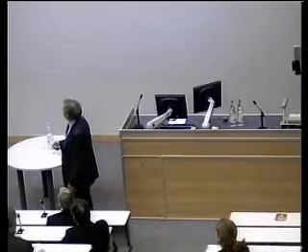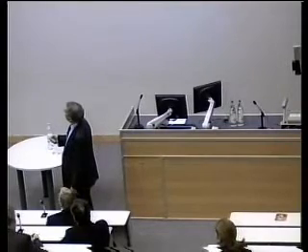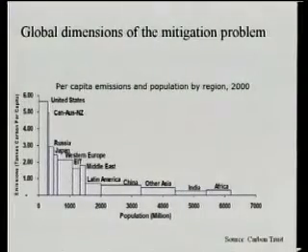Now, I just put this curve up as an indication of the extremely tough nature of those negotiations, which I am involved in. The United States leads the world in emitting carbon dioxide, measured as tons of carbon per capita. That's about 5.7. And at the other end of the spectrum is India at about 0.2.